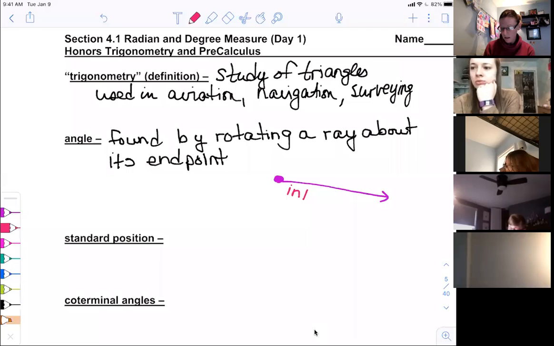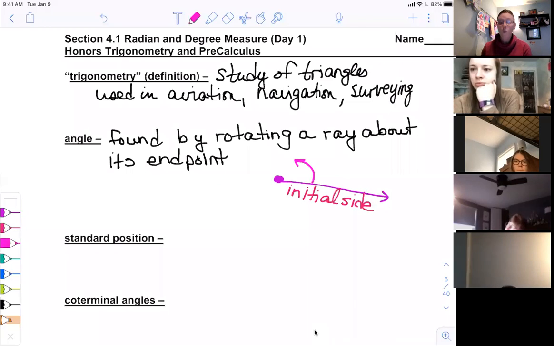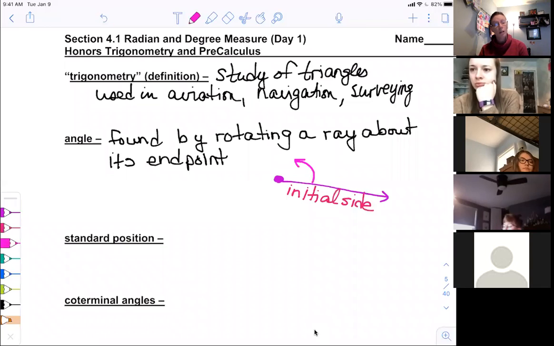It's where it begins. In geometry, it's fixed. In trig, it moves. And then this angle actually rotates. The way we show rotation in trig is to draw a little arrow to give us the way it rotates, because it can rotate in two different ways.